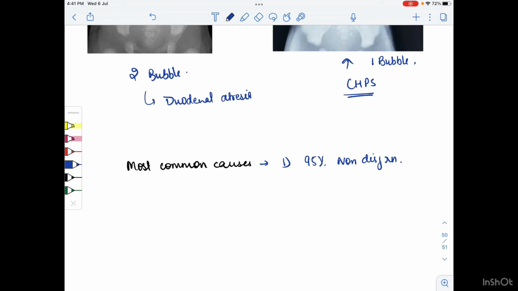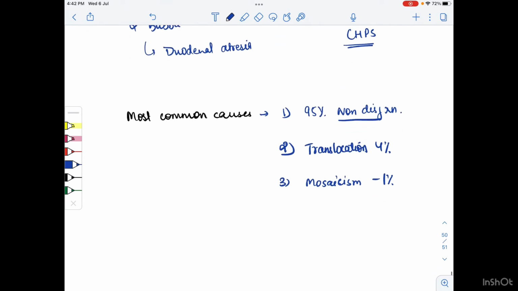So the most common is meiotic non-disjunction. The second cause is translocation, seen in only 4% of patients. And the third common cause is mosaicism, in 1% of cases.